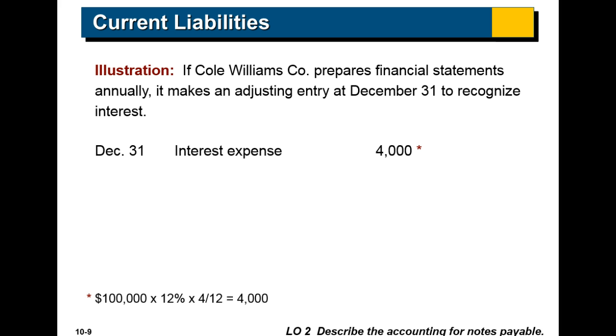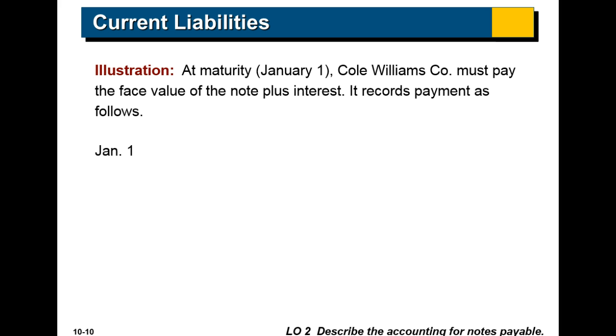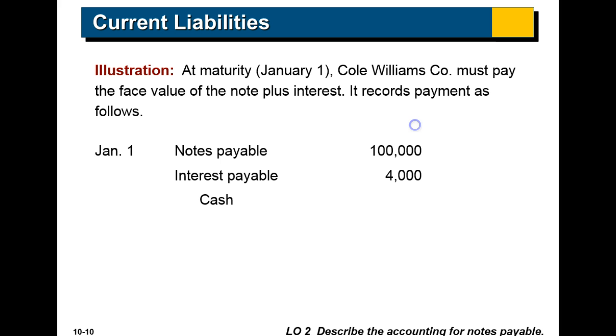So they're going to show an interest expense and interest payable, because it's not been paid yet. At maturity, Cole's going to pay the face value of the note plus interest. It's going to get rid of the note payable by debiting it, get rid of the interest payable by debiting it, and have an equal amount as a credit to cash. Do you guys have any questions on that?